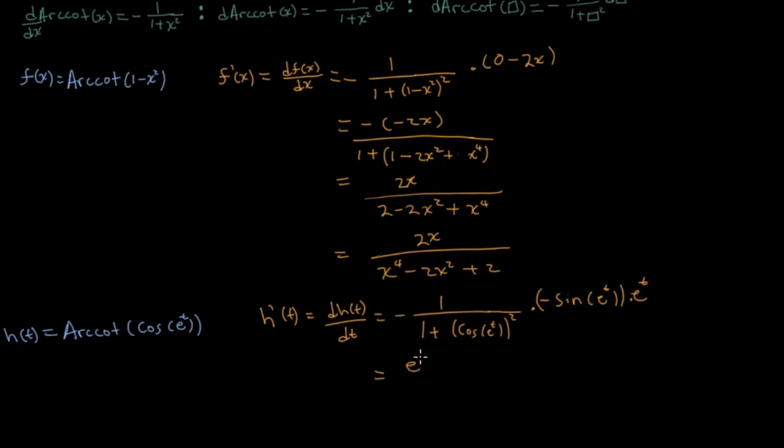So we'll write e to the power of t times sine e to the power of t divided by 1 plus cos squared e to the power of t. Just putting the squared right after the cos is another way of writing this term here. These two are the same thing. And there you have it. That's our answer. So that is how you evaluate the derivative of an arccotangent function.